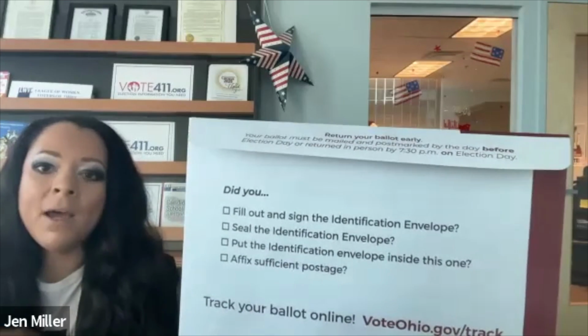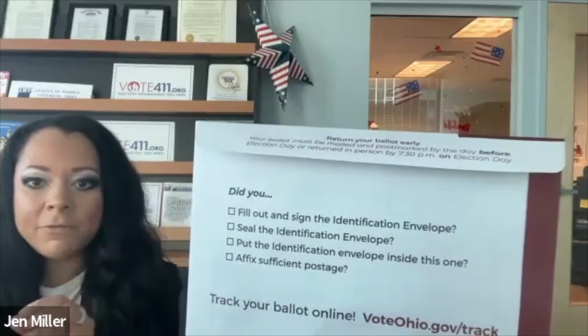One other caveat is that if you have, for some reason, received some information from us asking for your identification, yes, you can still fill out your absentee ballot. What we will then ask you to do is to make a copy of your ID. So now some folks have accidentally sent their IDs back to us.